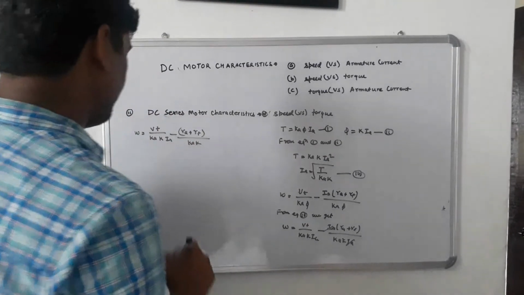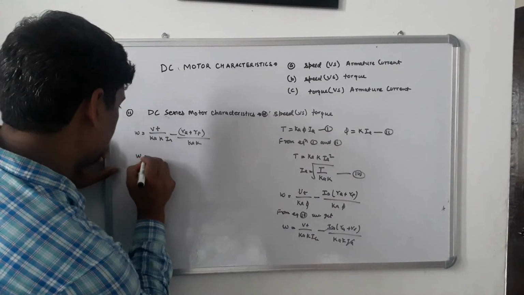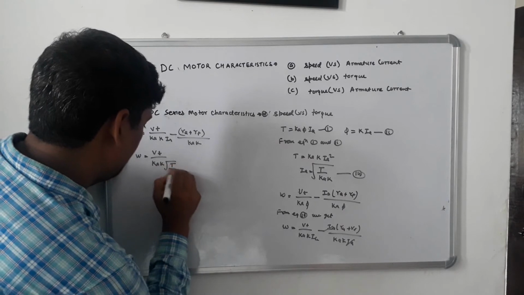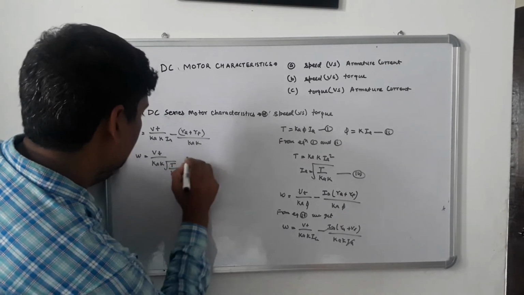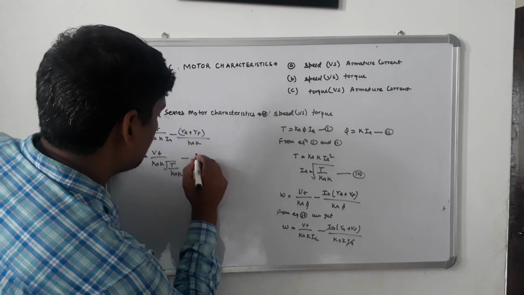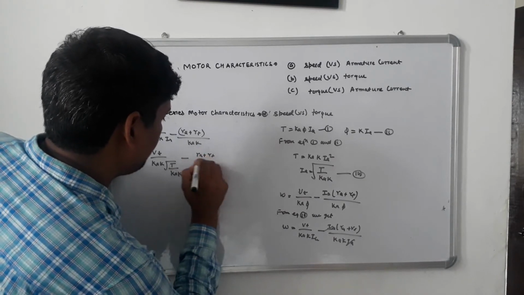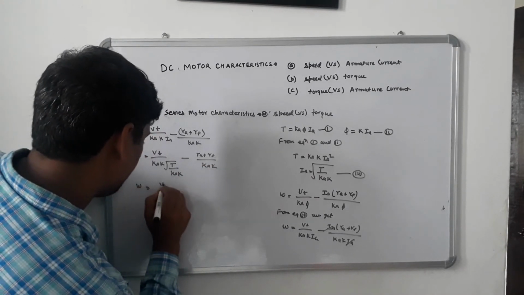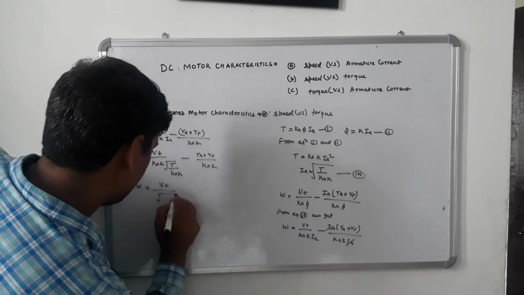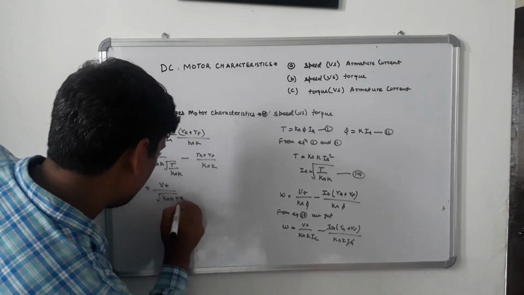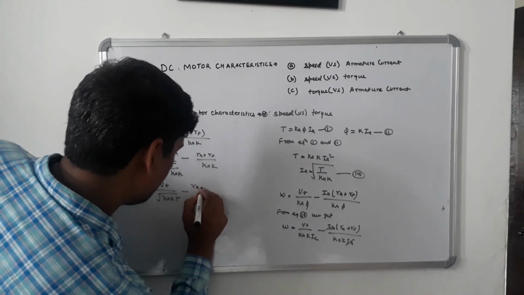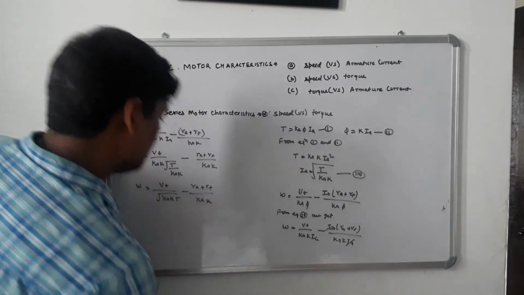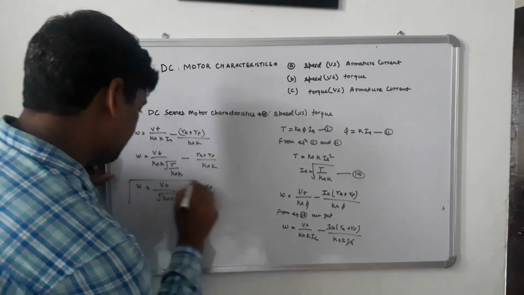By putting the value of Ia, omega is equal to Vt divided by Ka times the square root of T by Ka minus (Ra plus Rf) divided by Ka. Omega is equal to Vt divided by the square root of T minus (Ra plus Rf) divided by Ka. This is the final equation.